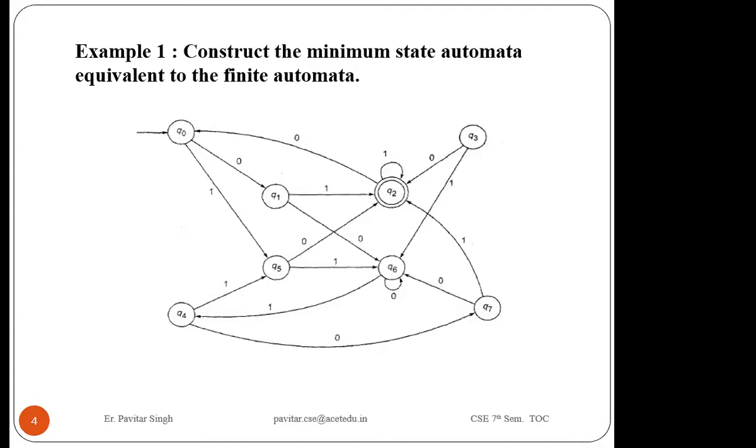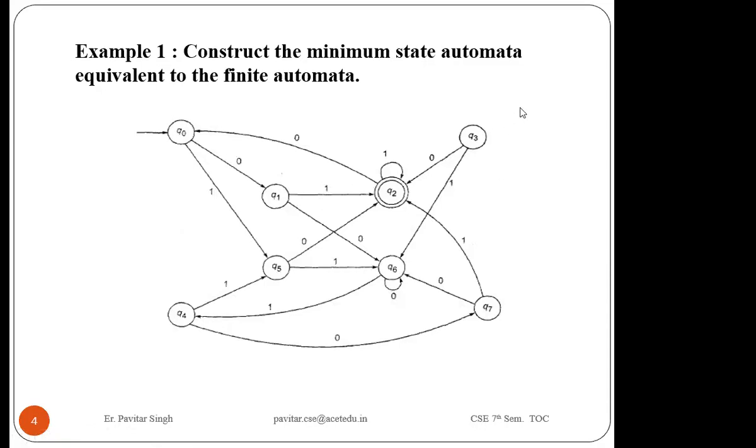So first of all, you have to make one transition table because we have to derive some values, and in the derivation of values the comparisons are easier in case of transition table as compared to transition diagram. So your first step is to draw the transition table from the given diagram.